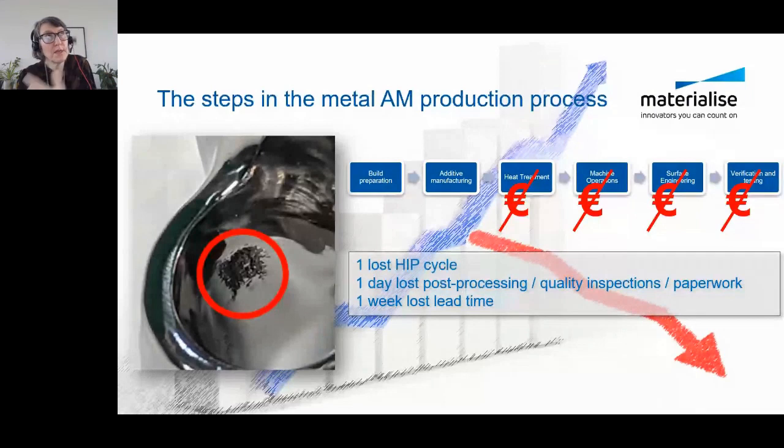Especially since here, of course, for series production it is different, but in mass customization where you have all one-offs, when you have gone through all the steps, that's a week of lead time that you've lost. So if we would have known earlier, we could have started to rebuild earlier and gained a lot of time on that lead and delivery time to the customer, because in the end, you also want to keep your end customers happy.